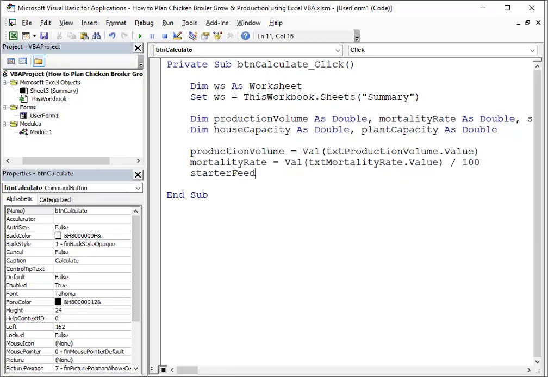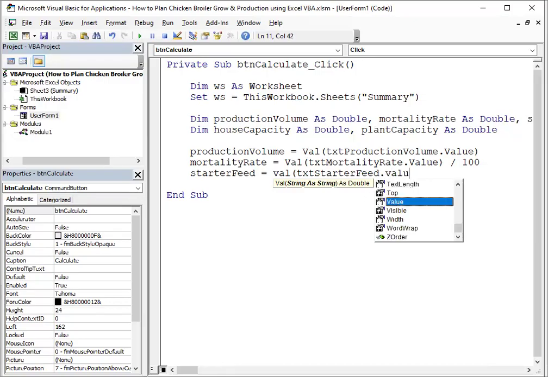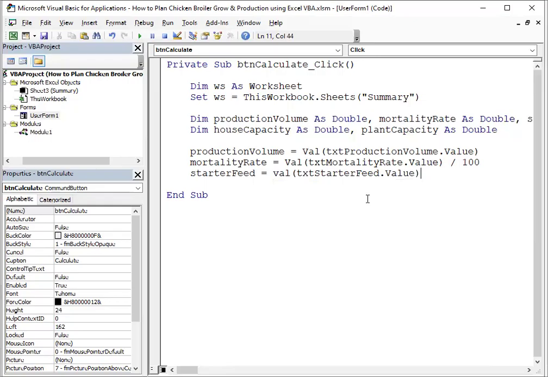Starter feed equals value. Text box, starter feed, that value. Close it. Then grower feed equals value, text grower feed, that value.